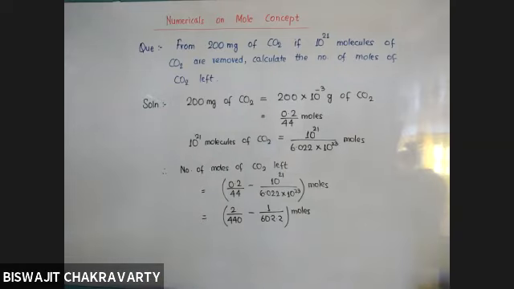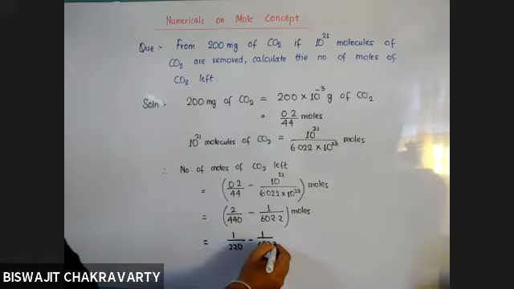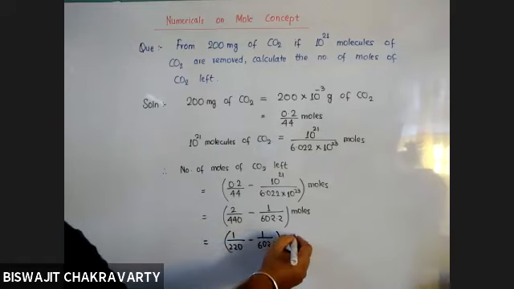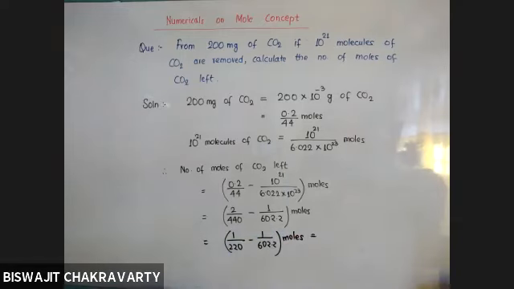So further, I can write it as 1 by 220 minus 1 by 602.2. So tell me what will be the value coming out to be? Do the calculation and tell me what will be the answer.